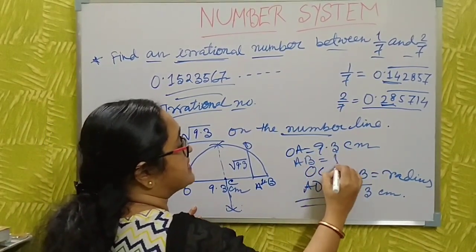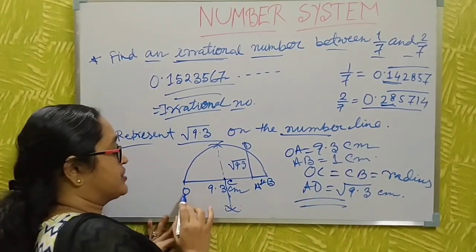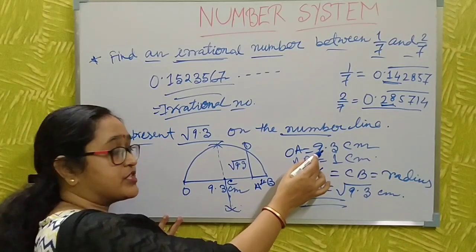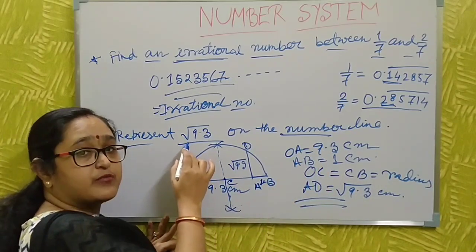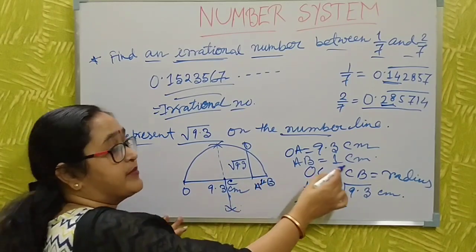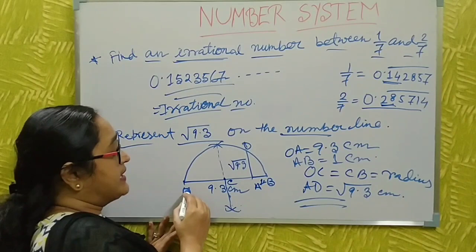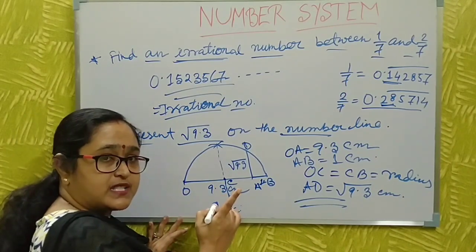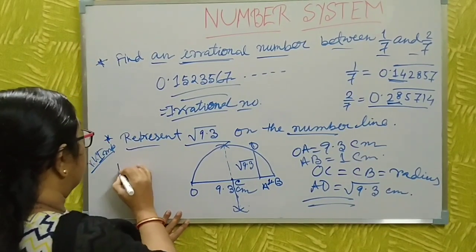AB is 1 centimeter. I am asking the question under root 9.3. Next OC, then you take a compass and bisect OB.